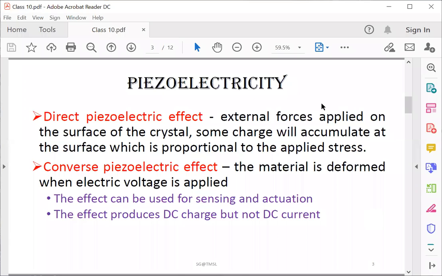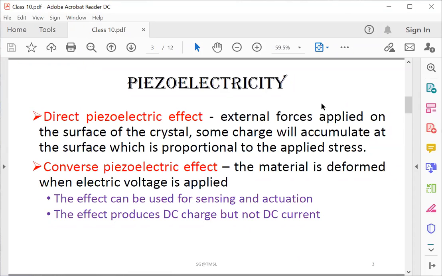Piezoelectricity. It is given as piezoelectricity. Okay, so what I have told you. Actually, that means a mechanical energy or mechanical force will generate charge, so that property can be used for designing different types of micro actuator.